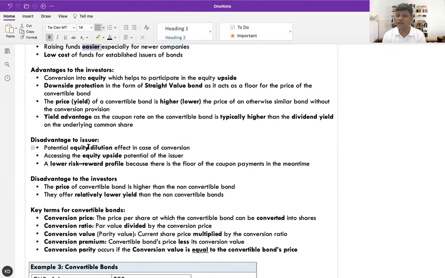But one thing is very, very important in convertible bonds. What is that? That is the straight value or the floor value. If the bond is converted into shares, but what if the share price is very low? Is that going to be beneficial to the investor?